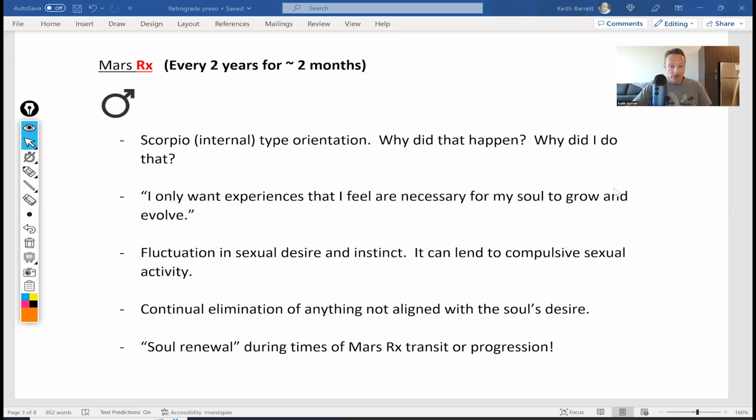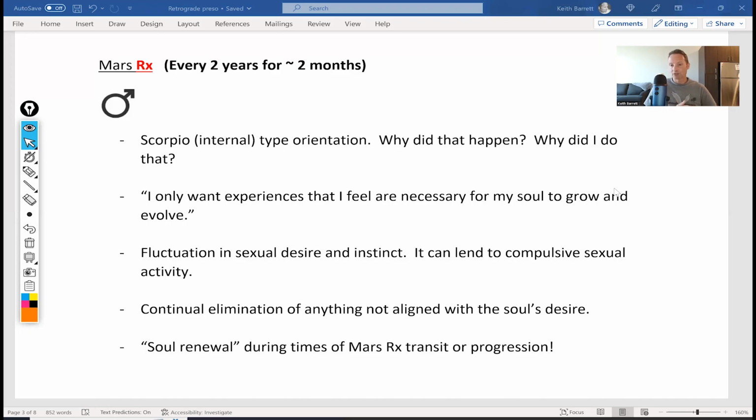And then the other thing I put here is, for everybody, when Mars goes retrograde, it's like soul renewal, right? It's like Mars returning to Pluto symbolically, looking at it from an evolutionary astrology perspective, with Pluto representing your soul's purpose or mission or self-empowerment journey.